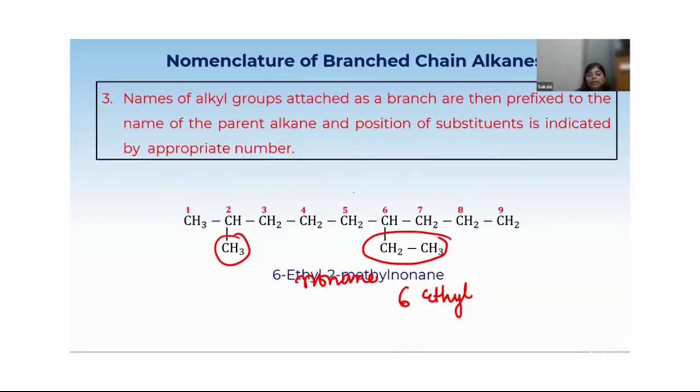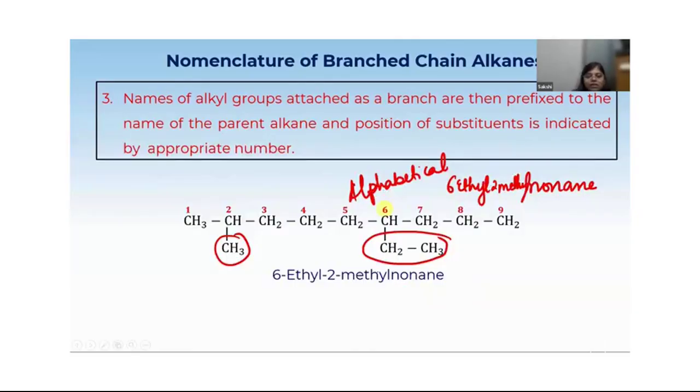Because we go alphabetical order wise. So I know that my word root is nonane, my parent chain, but it is 6 ethyl first and then 2 methyl because E comes before M, right? 6-ethyl-2-methylnonane, as it is written over here.